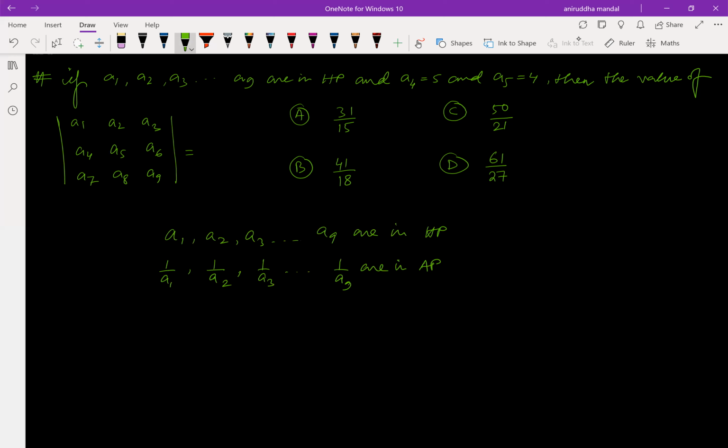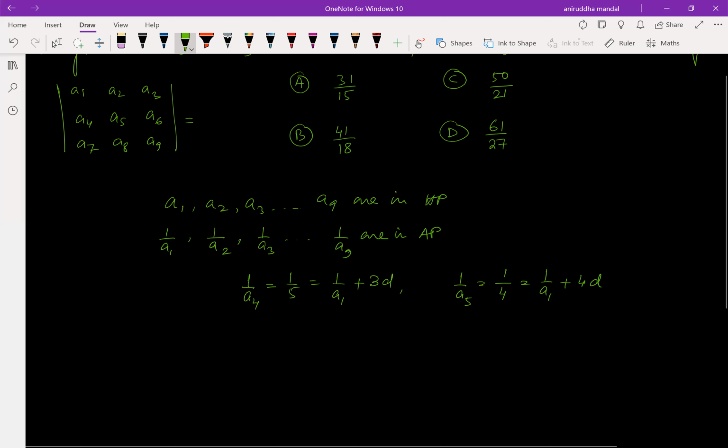This A4 is given as 5, so 1 by A4 is 1 by 5. 1 by A4 can be written as 1 by A1 plus (4 minus 1) into D, so 3D. And similarly, 1 by A5 is 1 by 4 and that is 1 by A1 plus 4D.